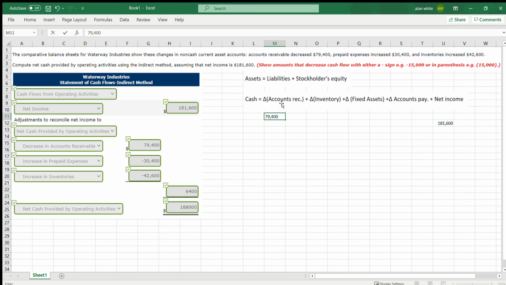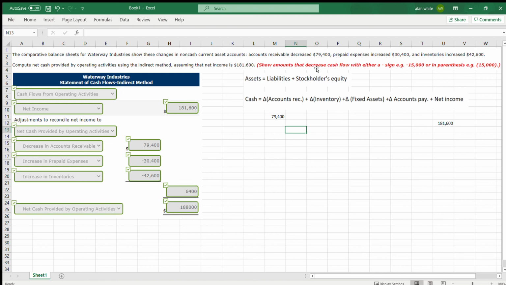And again, you can see that because on this side of the equation, anything in parentheses increased by becoming more negative. So when we make a value positive, in the example of accounts receivable, it's actually decreasing the value.